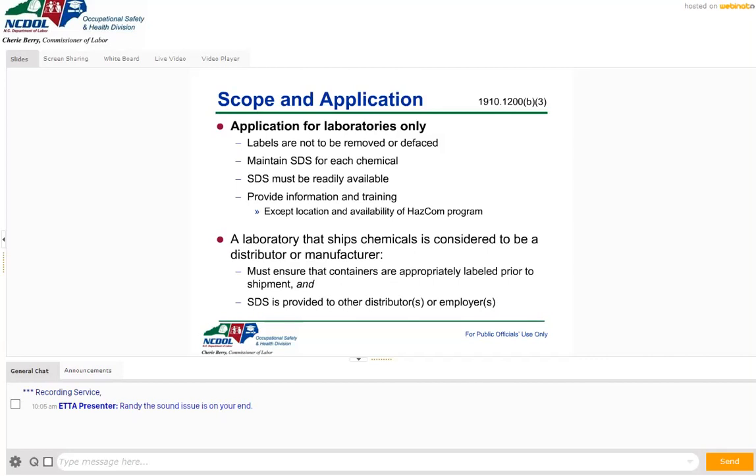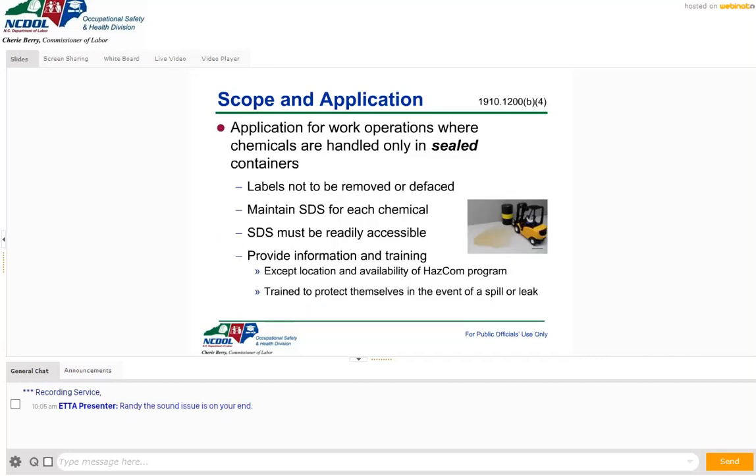Okay, that's about labs. Now, if you work for a company where all you do is warehouse chemicals in sealed containers, drums or other containers, you don't use the chemicals, you don't do anything with them, you're just a warehouse, you receive, store, and ship chemicals.